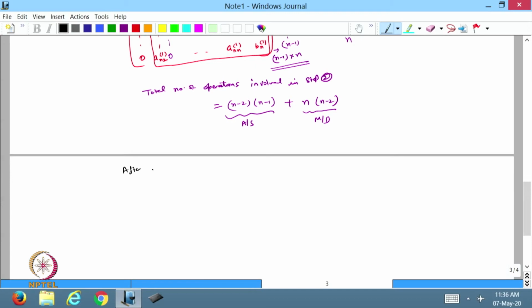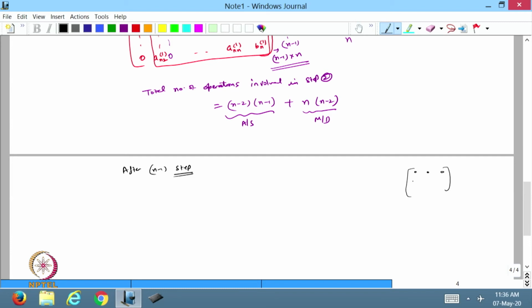So, after n minus 1 steps, because when I have a 3 by 3 matrix, in the first step I will reduce this one to zeros and in the next step I will reduce this one to 0 and then it will be upper triangular.